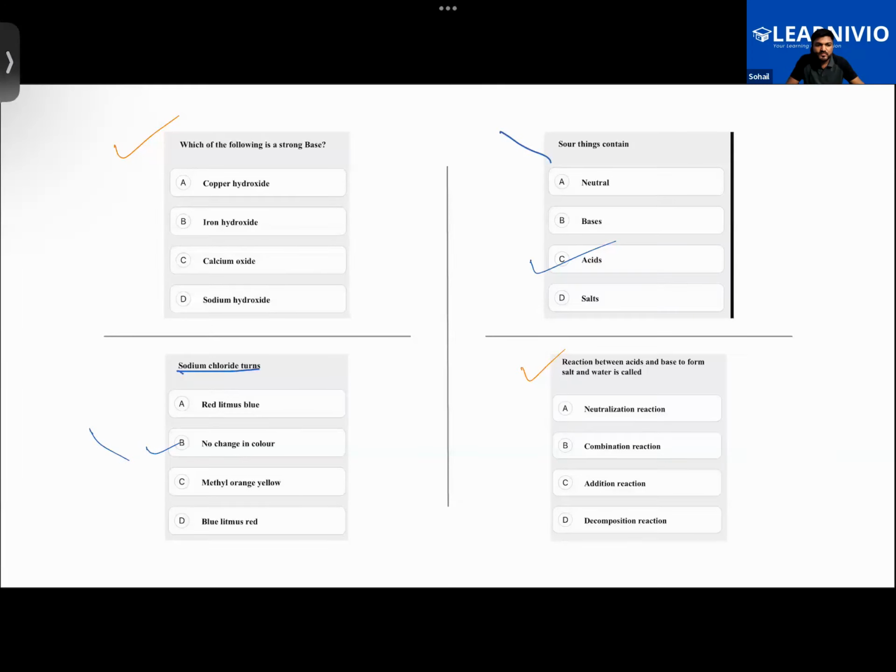Sir, is it C or B? I mean D. No, C is not there. Which of the following is a strong base? Calcium hydroxide is strong, while sodium hydroxide is also strong. Both calcium hydroxide and sodium hydroxide are strong bases.